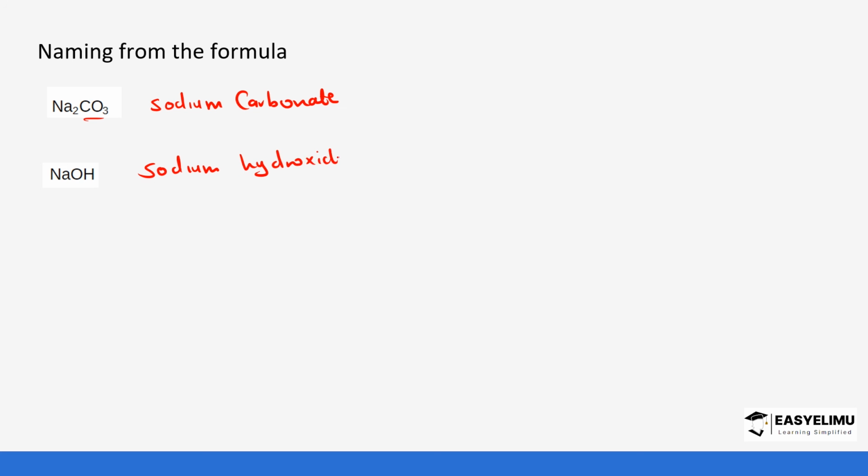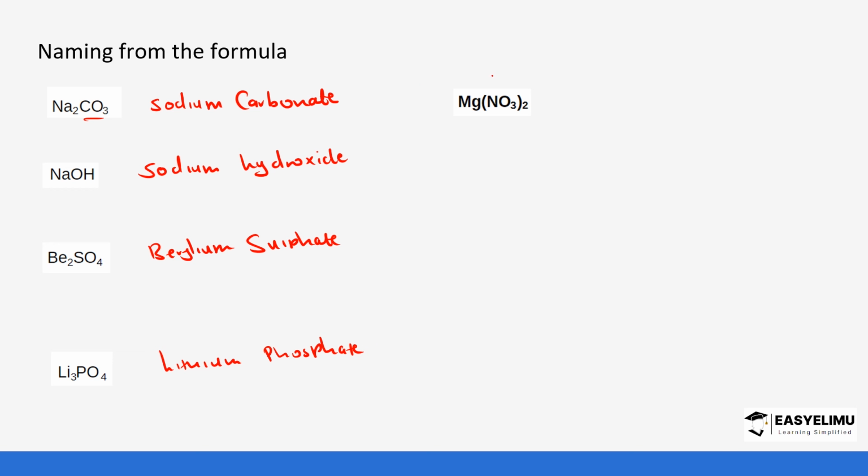This becomes beryllium sulfate. This one becomes lithium phosphate. This becomes magnesium nitrate. This becomes aluminium sulfate.